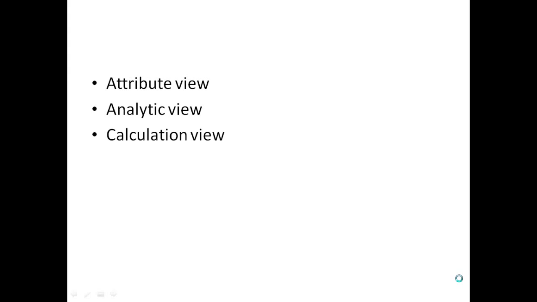So in the HANA Studio, we will be designing an attribute view, analytic view, and calculation view. But before that, we're going to also create some tables and load some data from a CSV file into those tables, and then use those table data in our information models. So that's what we're going to do in this tutorial.